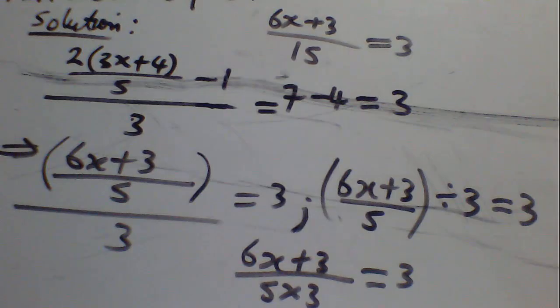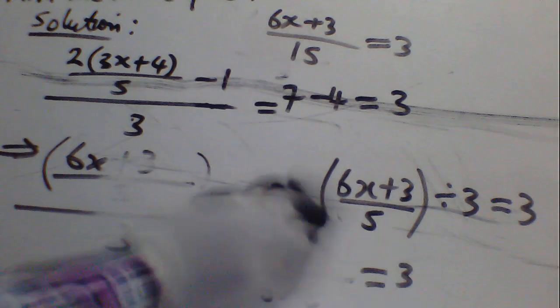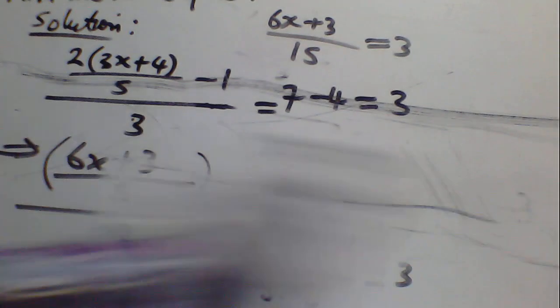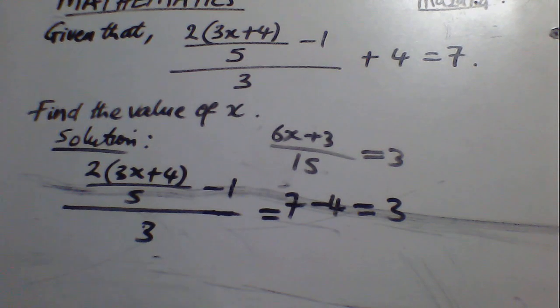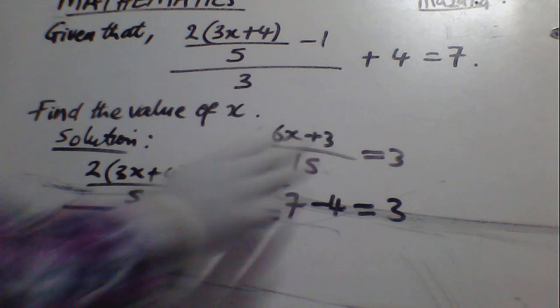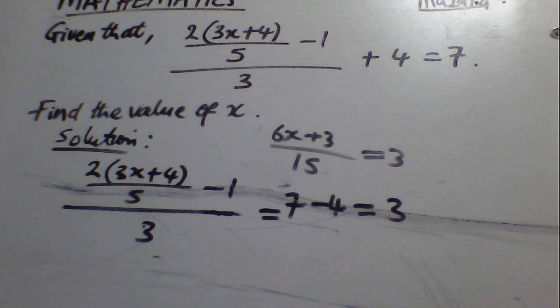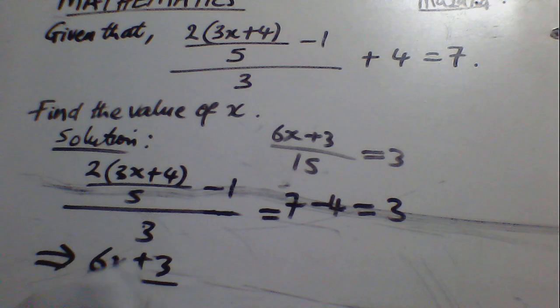Now we can clean here. So what is the next thing to do from here? All of these values are equal to the value we have already written. Now let's proceed to simplify it. This implies (6x + 3)/15 is equal to 3.